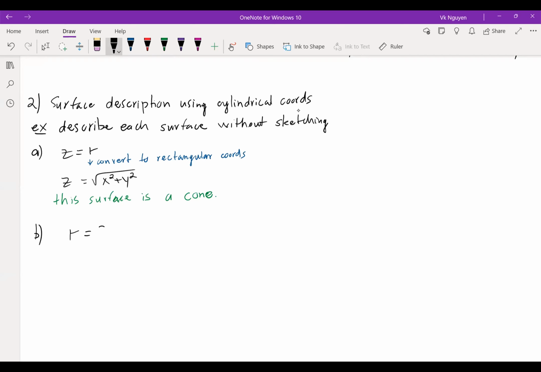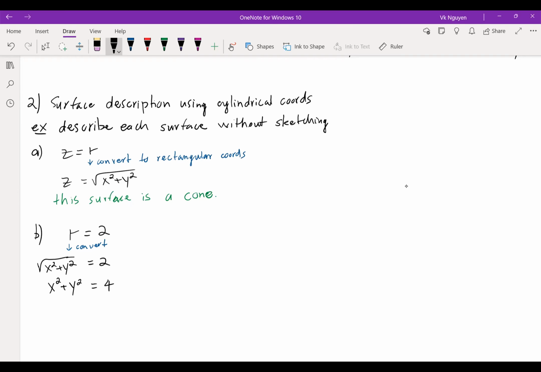If we have r equal to 2, now what exactly is this? I convert to rectangular coordinate, and we have the root of x squared plus y squared equal to 2. So x squared plus y squared equals 4.